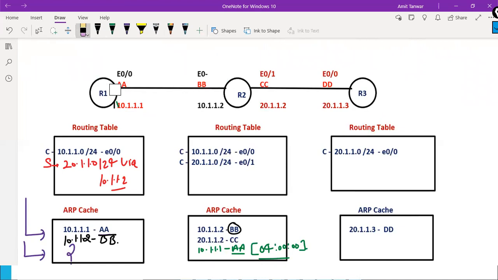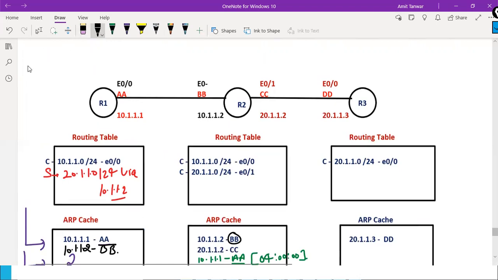Now, Router 1 will again generate the packet for the ping.